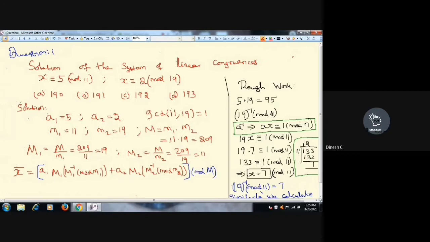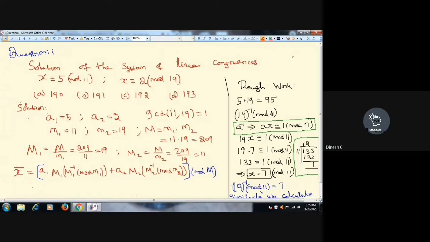So the unique solution x bar equals a1 into capital M1 into M1 inverse mod small m1, plus a2 into capital M2 into M2 inverse mod small m2.